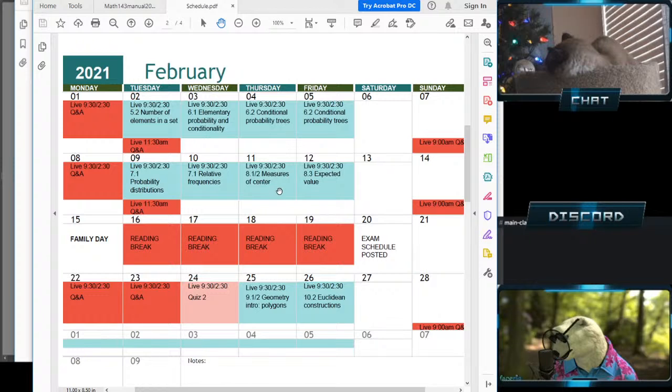We only need tomorrow to finish what we need to do, I'm pretty sure, because expected value, we've already done the probability distributions. They should really be together anyway. So I am going to change Friday, because we won't have anything, to a red block.